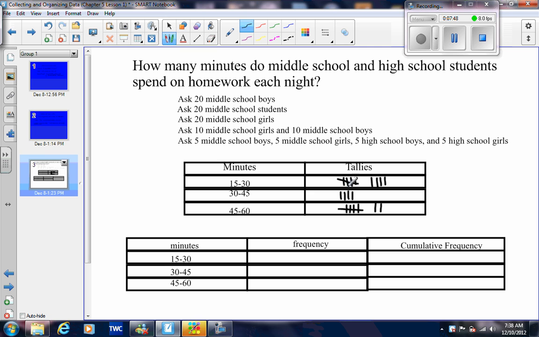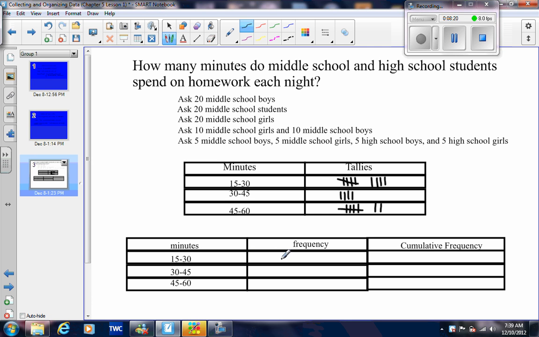So you can see, if you have 5 people or 5 things that say something is happening, the fifth one is that diagonal, so you can count easily. So you know without counting that this is 5, and then 6, 7, 8, 9. This one is 4, and again this one's 5, and then you just count on from there, 6, 7. All right, so again, this is what you would have in your hands as you're collecting information, collecting data.